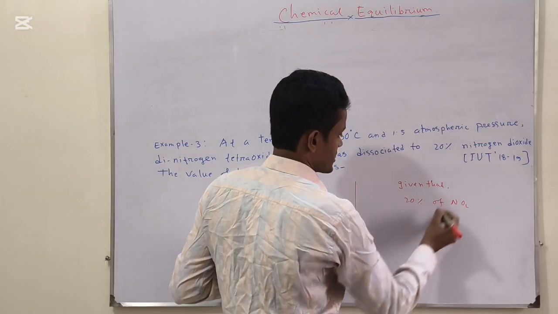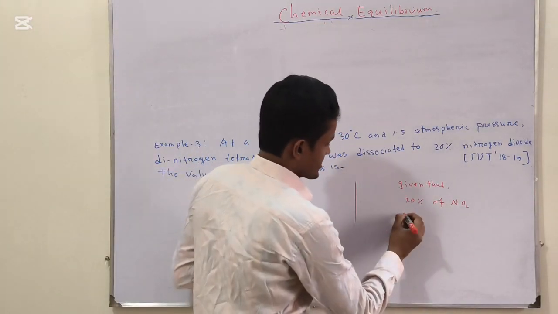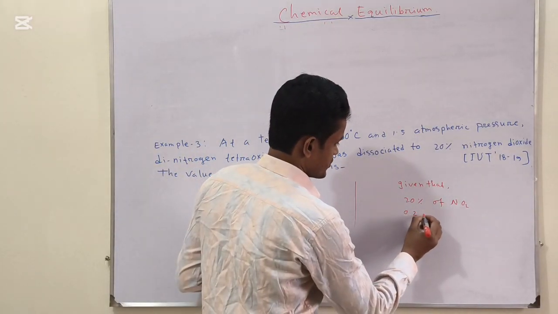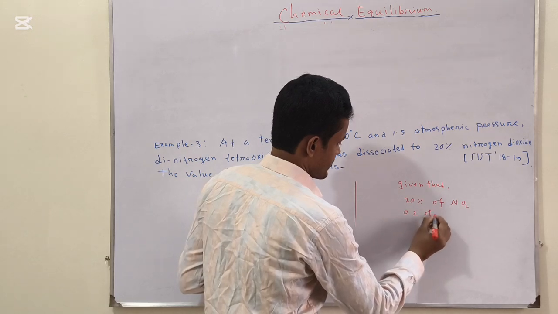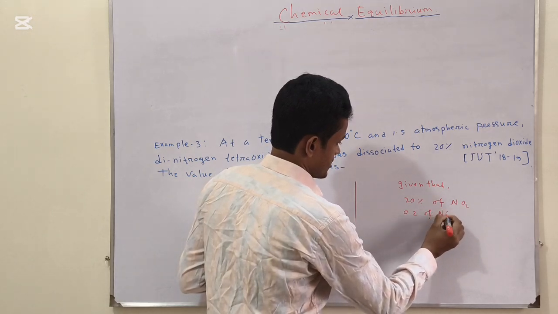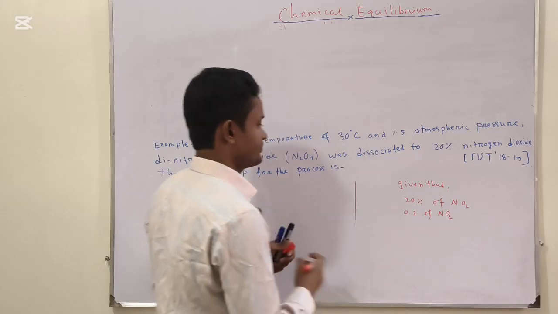That means alpha is 0.2 of nitrogen dioxide.